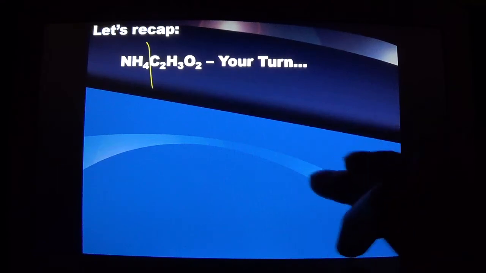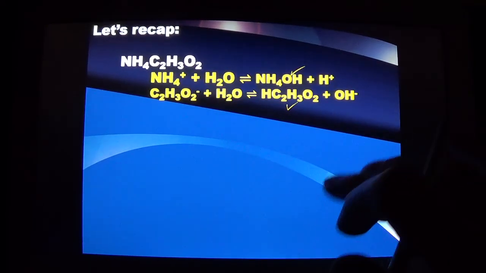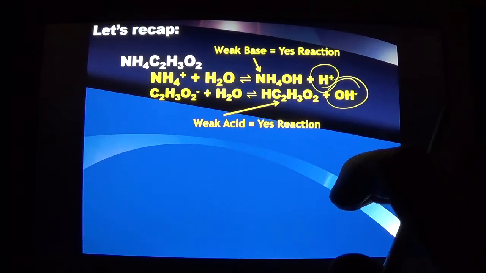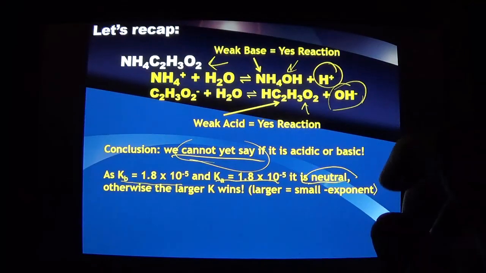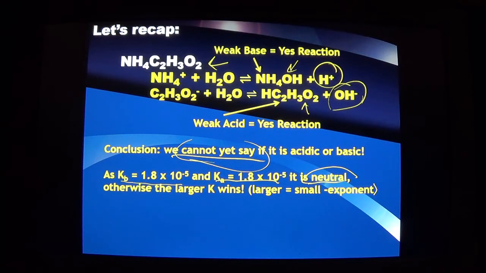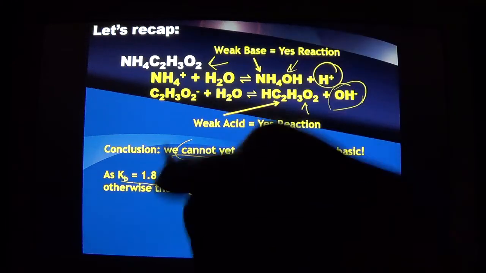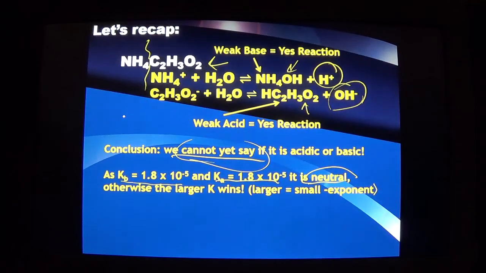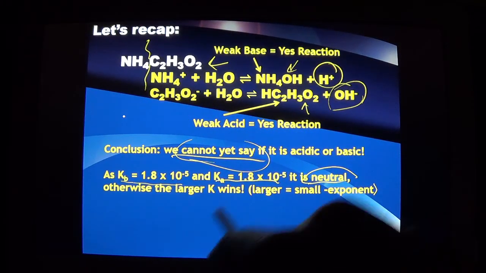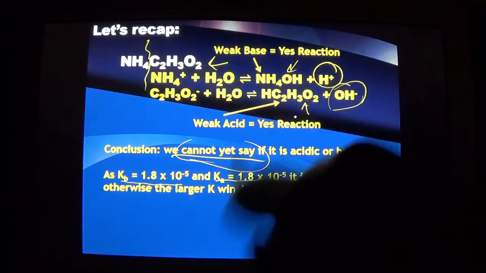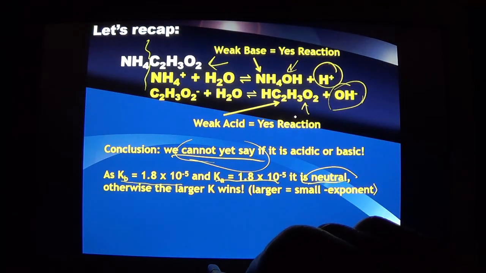Okay, so what do you do? What are the steps to figure out if a salt, whether you form it from a neutralization or you just drop it into your beaker of water, is going to leave the solution acidic, basic, or neutral? You want to ionize it into its cation and anion, and you want to write out the two possible reactions with water.